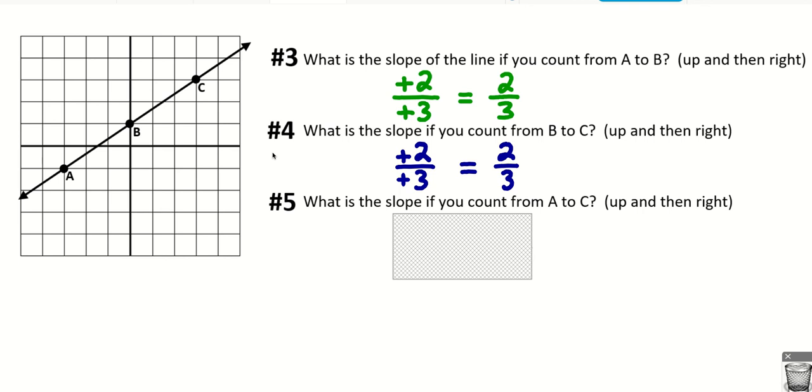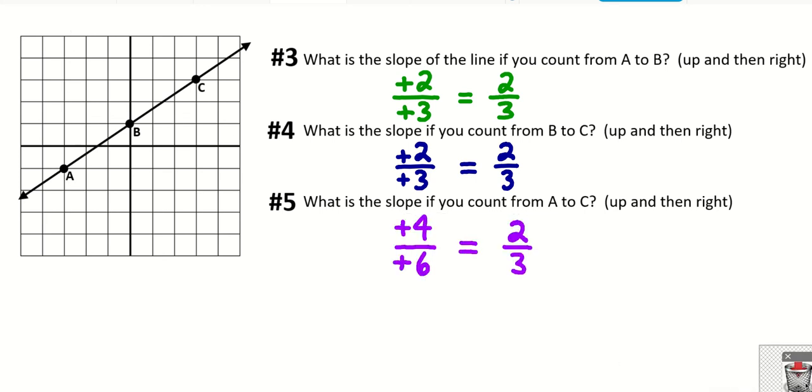Then, oh my gosh, we got a little crazy, and you were supposed to count from A to C. Well, when you did that, what you should have got was up 4, right 6, which ended up also being 2/3 for your slope, of course, right?